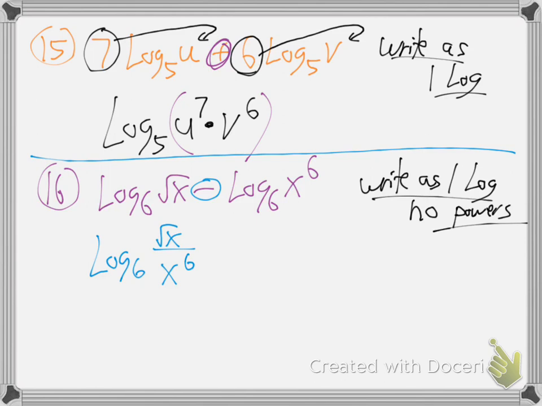Now the question is, how do we clean up that root x over x to the 6th? What is the root? It's a half power, huh? Yeah, so this is equal to log base 6. This is a half power over a 6 power. Good to there.